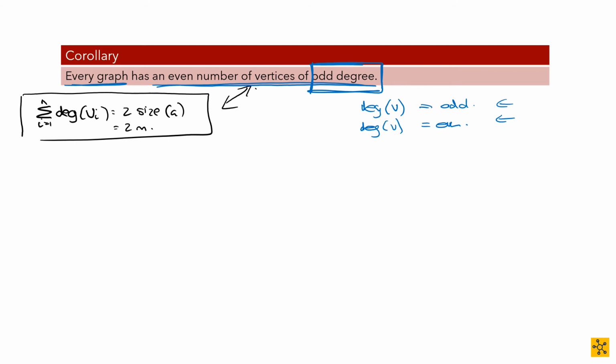And you'll be like, okay, I can show there's an even number of them if the summation of the degrees of the odd degree vertices is equal to an even number, because I know that the summation of an even number of odd numbers is going to give me an even number. That's what you just did with the pausing. So let's write that down.